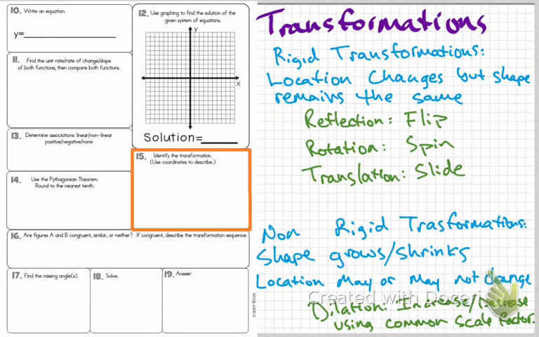So if I start with a 2x2 square and I end up with a 4x2 rectangle, that is not a dilation. Something else has happened in that situation. If I start with a 2x2 square, I should end up with a 4x4 square or a 6x6 square. That would be an example of a dilation. It should still be a square.